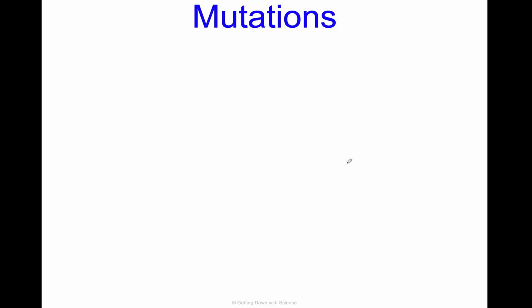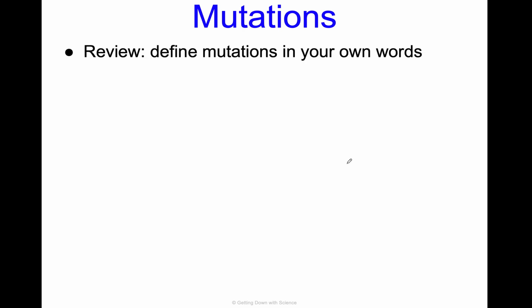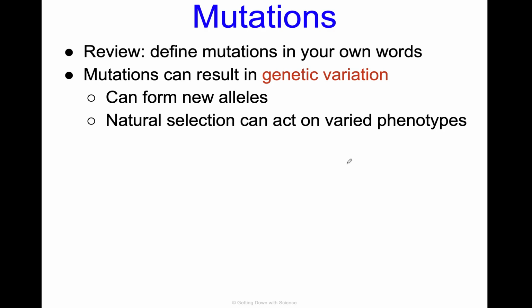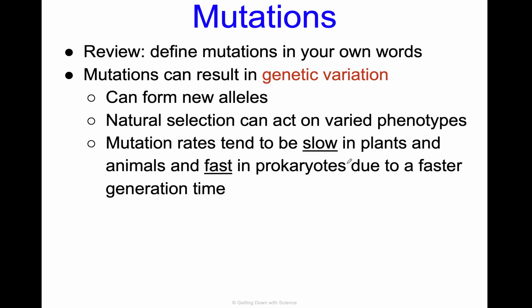So let's talk about each one of these individually. Mutations, we've talked about this in Unit 6. A mutation can result in a genetic variation. So if we change the genotype, we change the phenotype. This can form new alleles, and natural selection can act on the varied phenotypes.